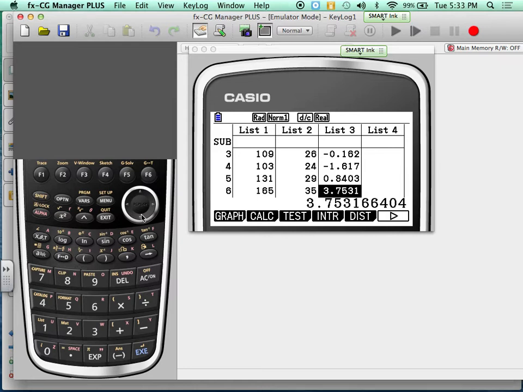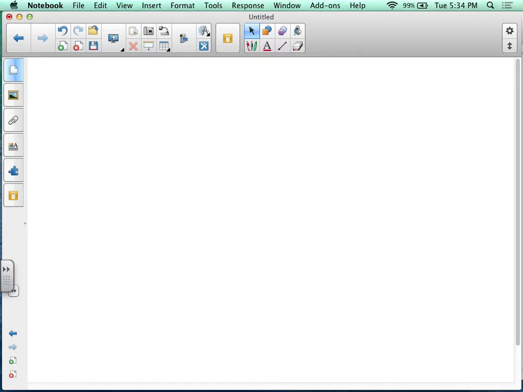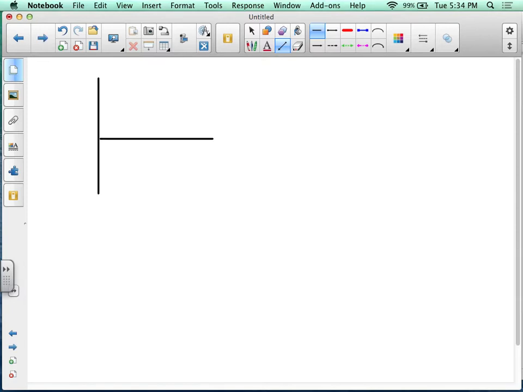Now, the next thing I want to do is go back to this. We need to create a residual plot. And the way you create a residual plot is this, all right? Now, here's a couple tricks. If your residual plot, when you plot it, is just a scatter plot, this means that it is linear. This is how you prove whether or not the data that you have is linear.